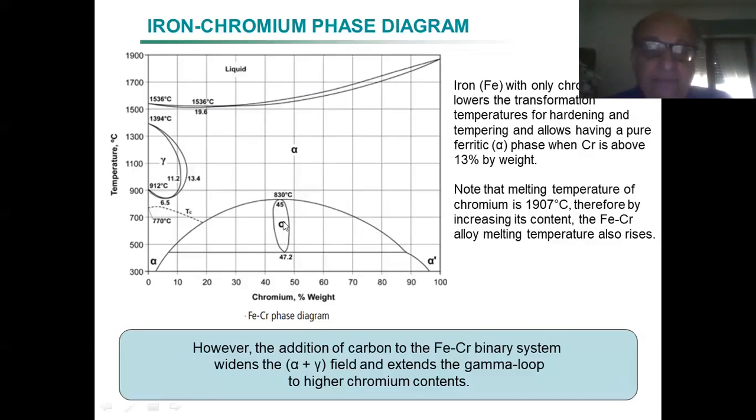And please be aware that you don't need to be at 45% of chromium to have the intermetallic.